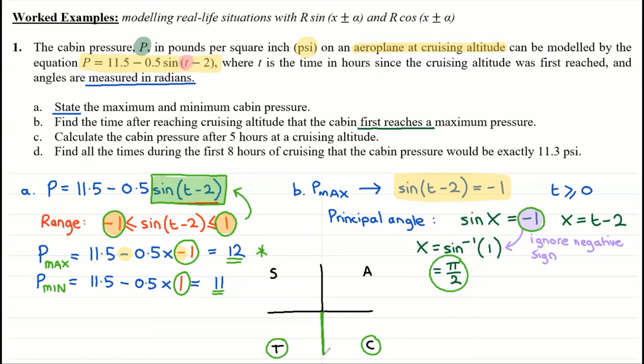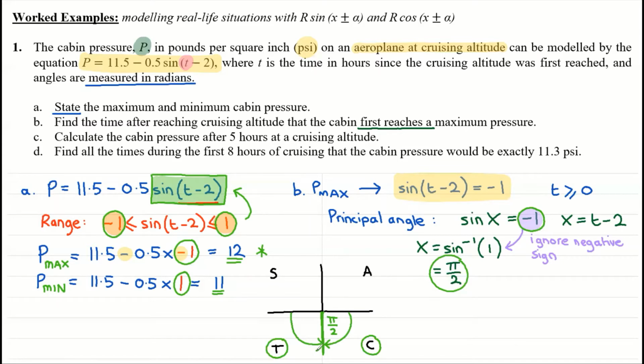If you want to cheat, you can put an acute angle as pi over 2 and then show that this would give the same value, but it's up to you. So this is pi over 2, going that way, and going that way as well, and they meet. So we just got the one answer.